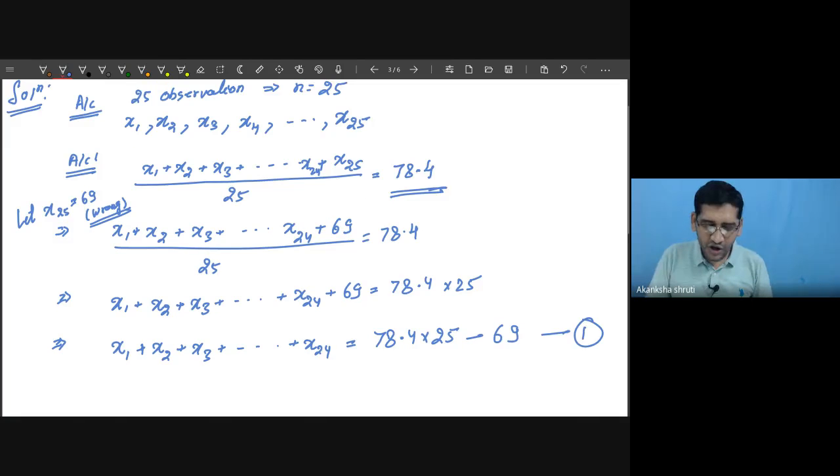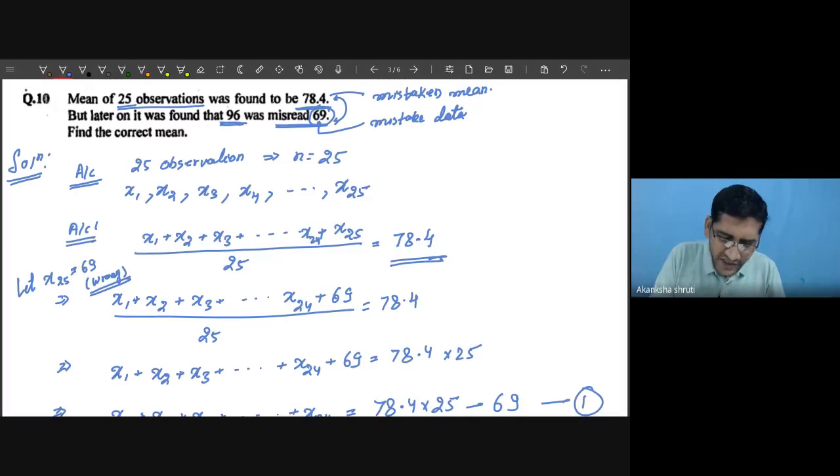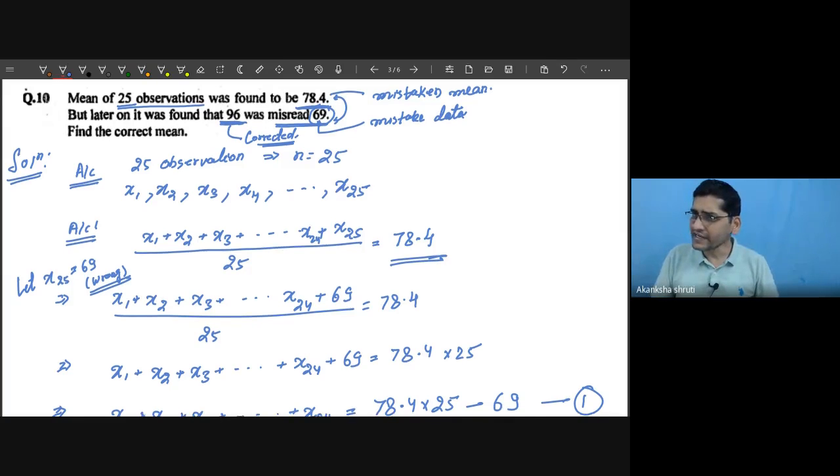Okay, so with the wrong data, we have calculated that the sum of the other data, which are the correct ones, is this value. Now it is said that you are correcting this 69 by 96, meaning 96 is the corrected value. So for calculating the correct mean, I need to take 96 in place of 69, but the number of observations remains 25.